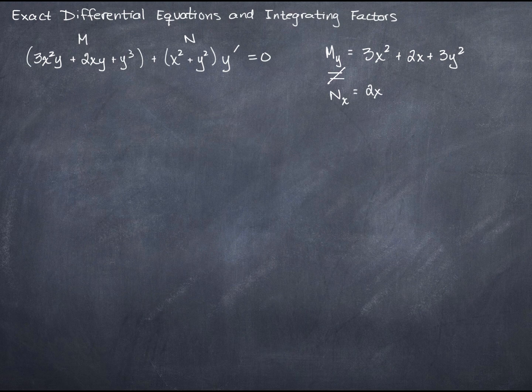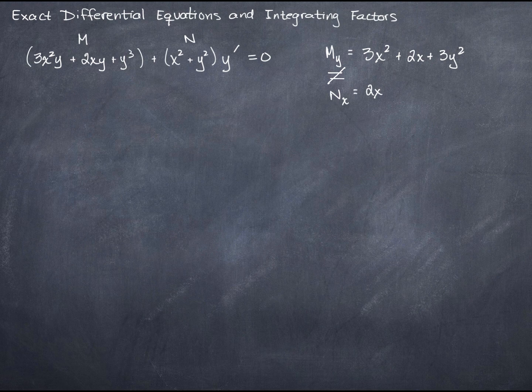Once upon a time, I think it was all the way back in section 2.1, let me see if I can find that real quick. Yeah, it was. In 2.1, we did something called finding an integrating factor that we could push through the equation, and that would turn it into a form that would allow us to use a previously learned technique. We're going to do something similar here.